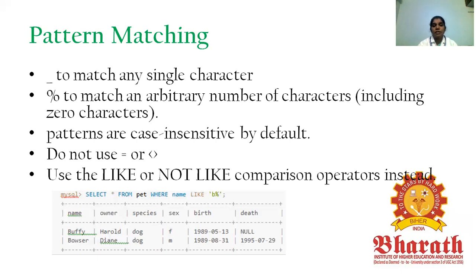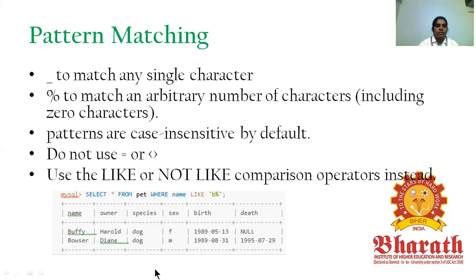It is case sensitive by default. Don't use equal, not equal, less than or greater than symbols. Instead use the LIKE or NOT LIKE comparison operator. Instead of equal, use LIKE; for not equal, use NOT LIKE.